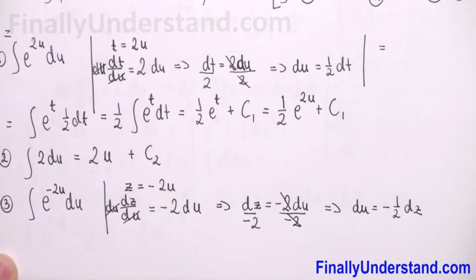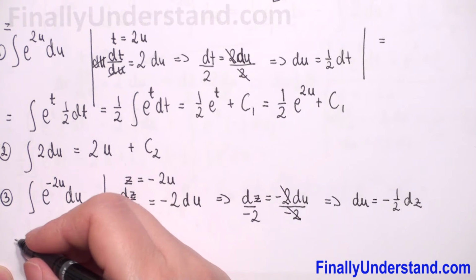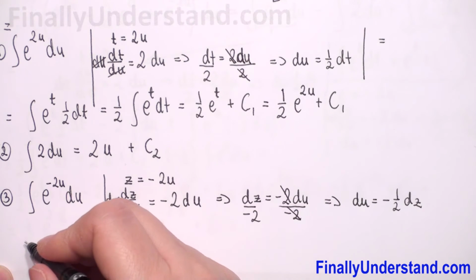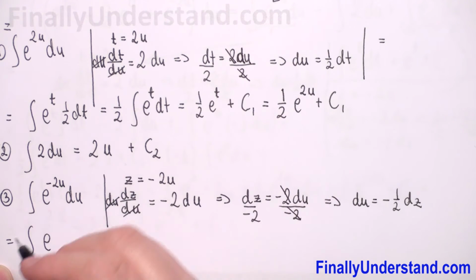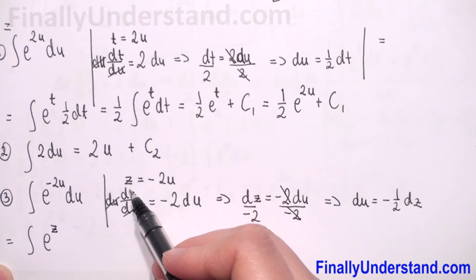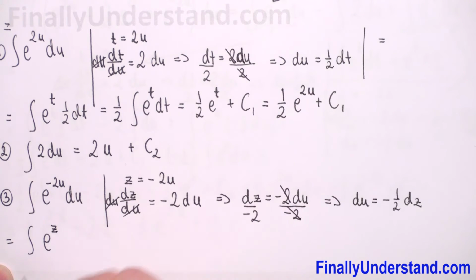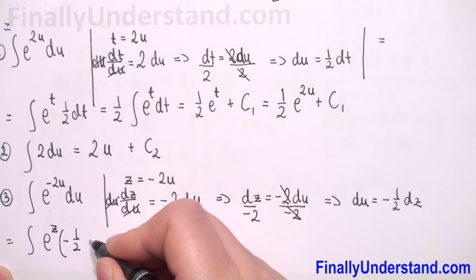So we can now solve our third integral. So we have the indefinite integral of e to the power z now, because negative 2u is equal to z. And for du we have to put, I will put this in parentheses, negative 1/2 dz.